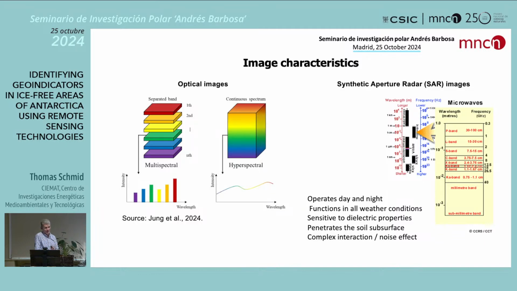So we have to know if it's been raining, it hasn't been raining, it's a dry system, etc. But the advantage is we're able to obtain a signal even if it's cloudy, whereas an optical sensor is not able to do that. With the optical sensor, if there are clouds, we don't obtain information. And in Antarctica, especially in the northern Antarctic Peninsula region, we'll often have clouds.